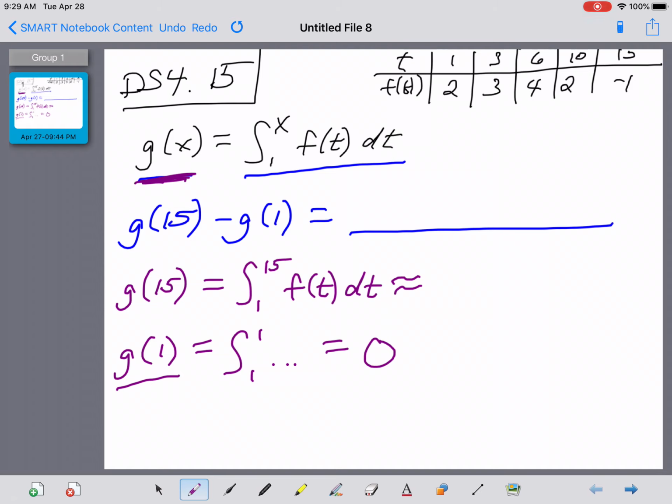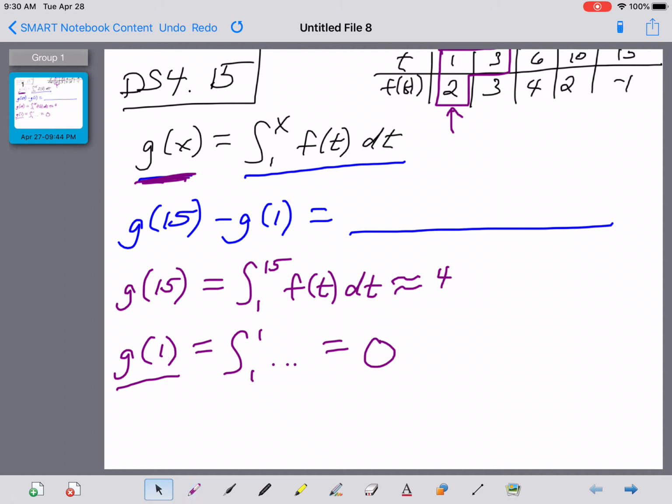Our interval goes from 1 to 3, so the width of our first rectangle is 2. Actually, we're going to do this in our heads. The width of that first rectangle from 1 to 3 is 2, and the height, evaluated at its left endpoint, is also 2. So 2 times 2 tells us the area of that first rectangle is 4.